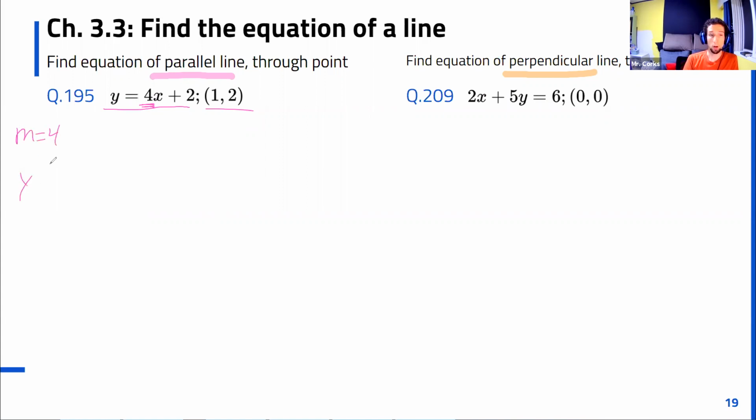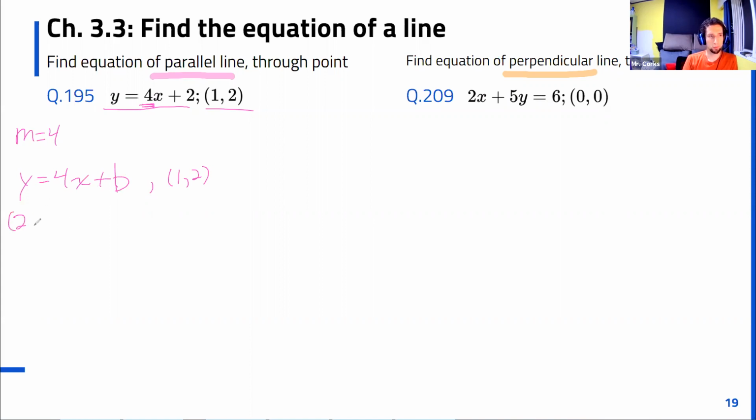So our target line, the one we're trying to make here, is going to be y equals 4x plus b, and it's going through the point (1, 2). Now what? Substitute. Same thing we just did on the previous 2 questions.